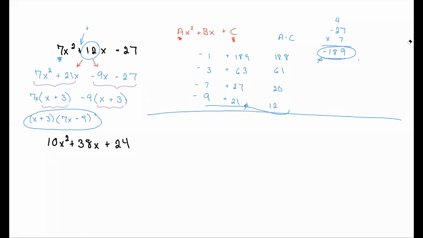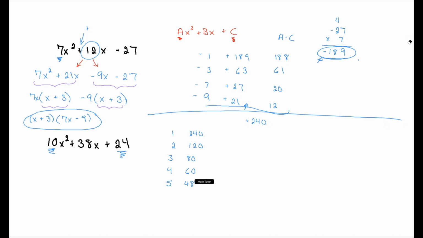Let's go ahead and look at this other example. Just like last time, I'm going to take my a times my c, and I get 240. I want to split 240 up, just like last time. So I want to do 1 and 240, 2 and 120, 3 and 80, 4 and 60, 5 and 48.